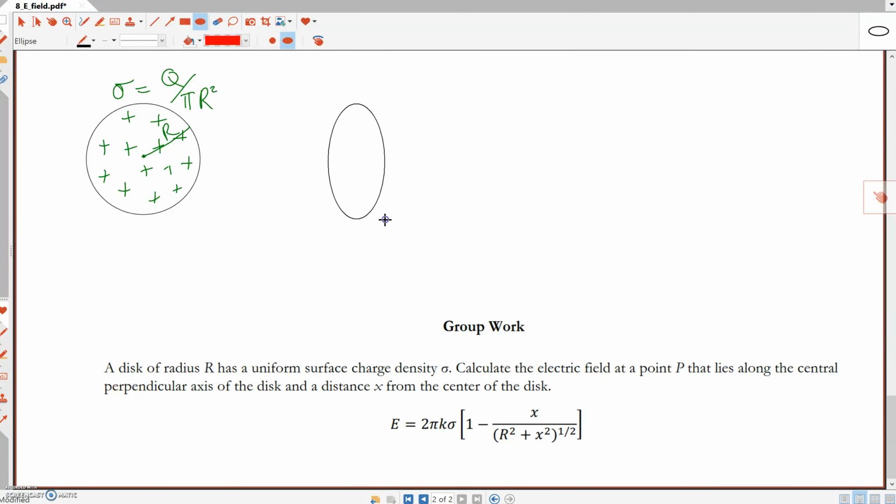Here's the disk of radius R. Here's my x-axis. Here's the center of the disk, and I want to know what the electric field is at some point P, some distance x away from the center.